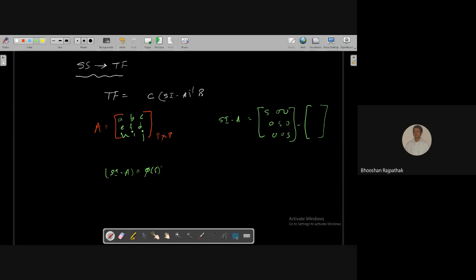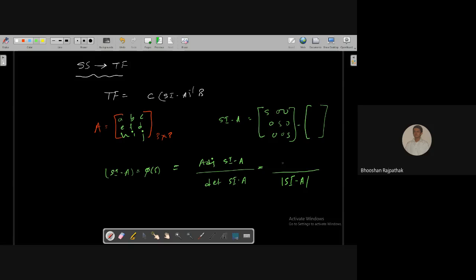So we are finding the inverse of phi of s. So how to find the inverse? Adjoint of sI minus A divided by determinant of sI minus A. That is the inverse.